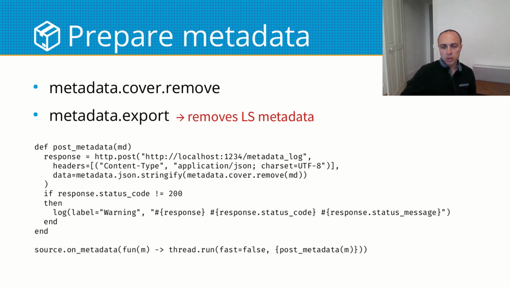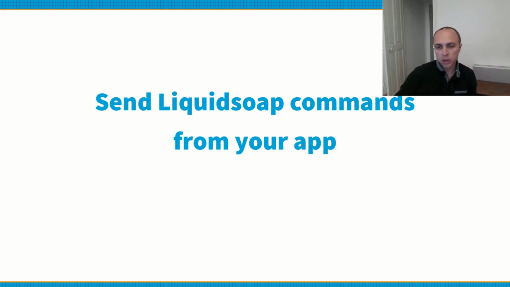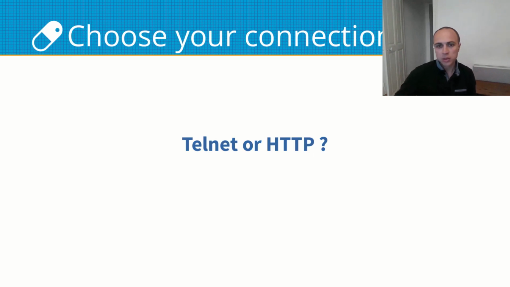So with these two methods, I can already interact with my other application from the Liquidsoap script. Now we can also do the way around and query Liquidsoap externally, which means that you have to connect somehow to Liquidsoap.